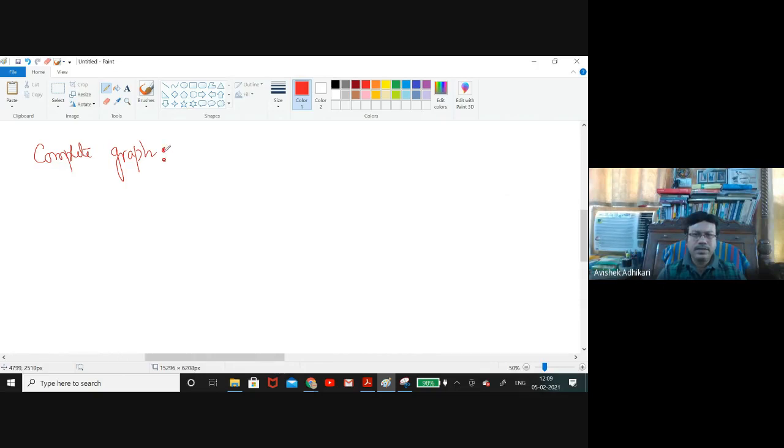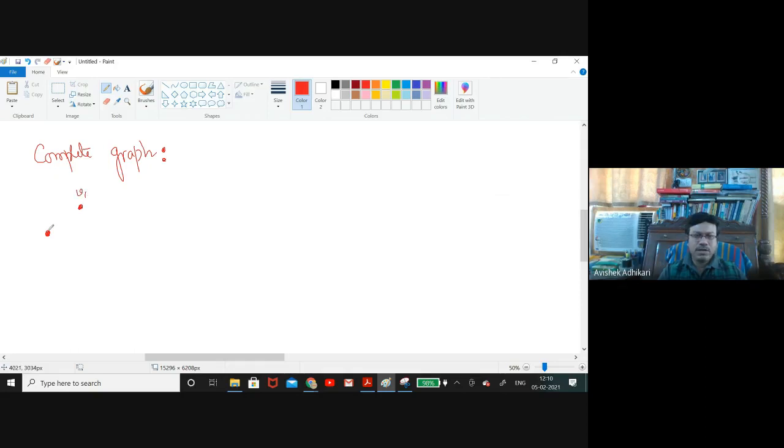Anybody has any idea? Okay, let me try to explain. Suppose I have given you two vertices and I ask you to draw a simple graph which is maximally connected with these two vertices.